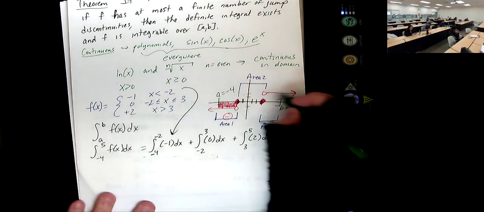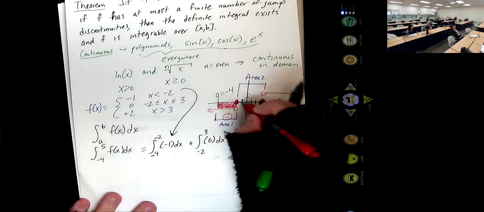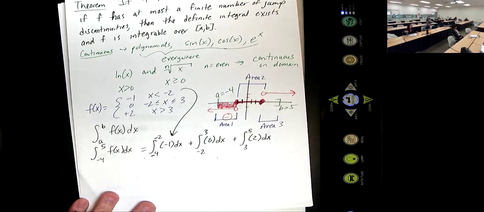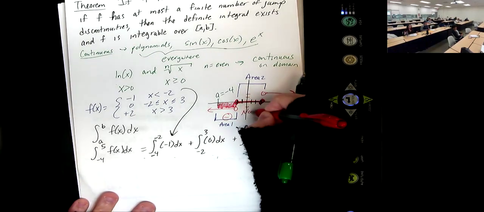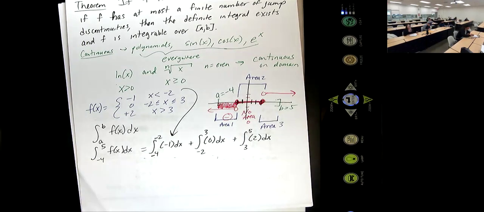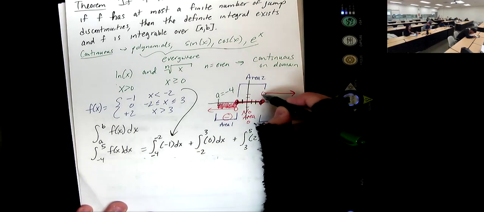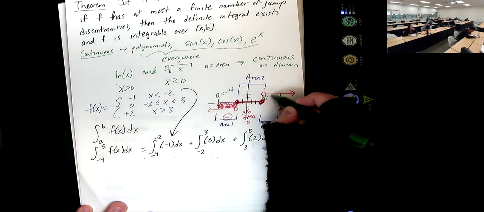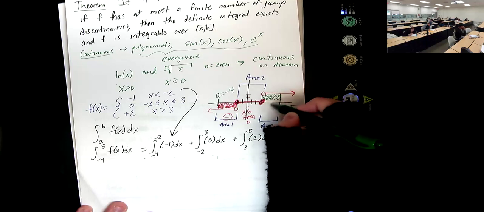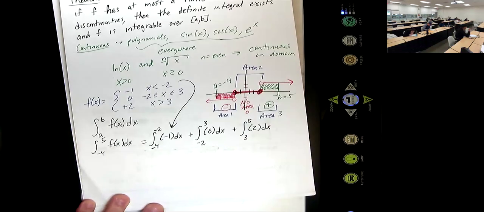Area 2, there's no value here, there's no area, so this should give us a 0 for our area, because there's nothing underneath the curve. And from here, we're looking at this rectangle right here. It's above the x-axis, so it should be positive.